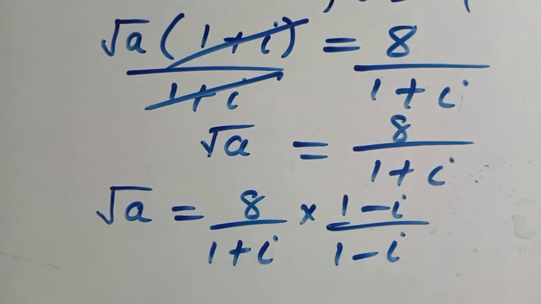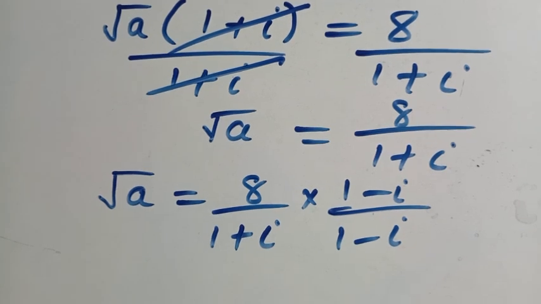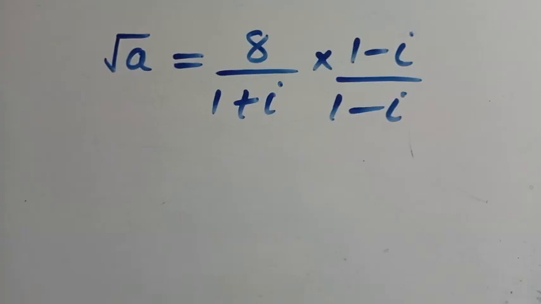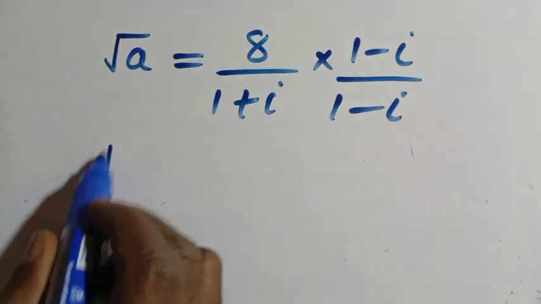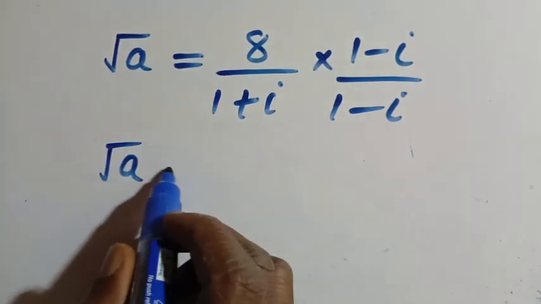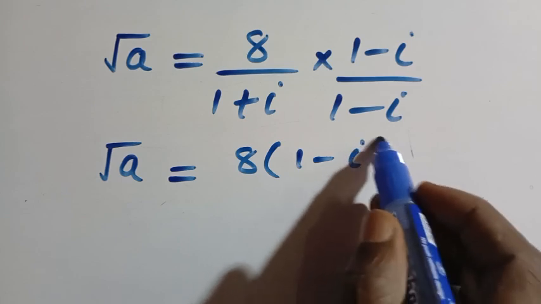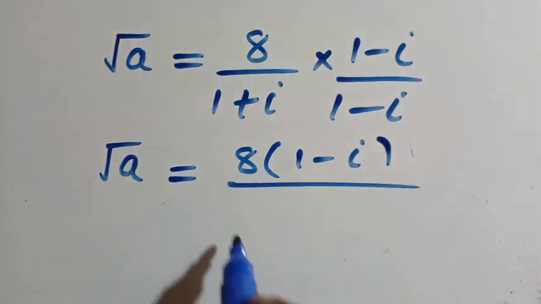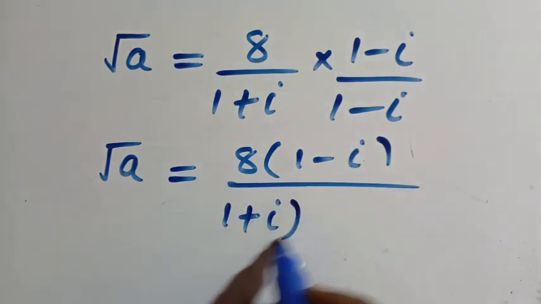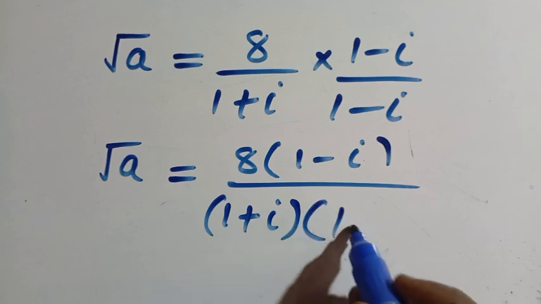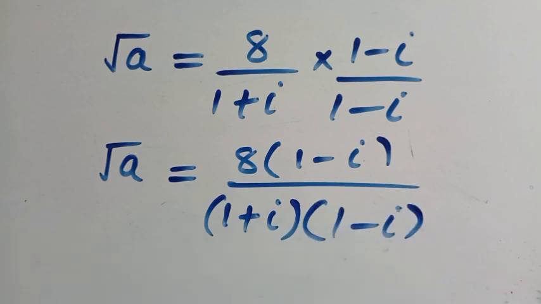And by multiplying these together, we have square root of a equals 8 into bracket of 1 minus i divided by 1 plus i multiplied by 1 minus i.